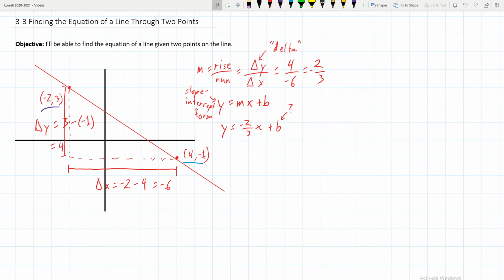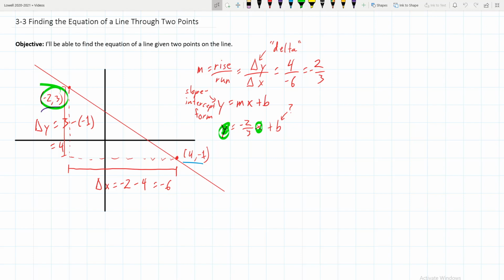This is where we use our math intuition and figure out, well, what do I know? Remember, x and y are just values that make the graph true. We actually know a couple values that do make it true, and we actually know 2 points. We know (-2, 3), and we know (4, -1). So let's throw in something that we know.